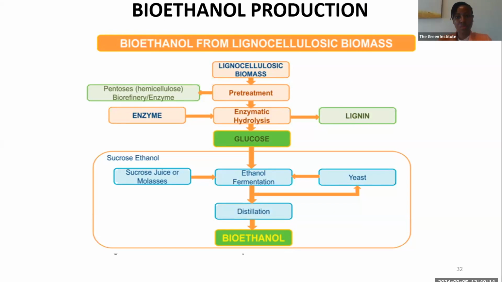So we have cellulase enzymes that can break down cellulose to glucose and eliminate lignin. From there, when we have glucose or other sources of glucose, or maltose, we can carry out ethanol fermentation with yeast, and then from distillation, we can have our bioethanol.